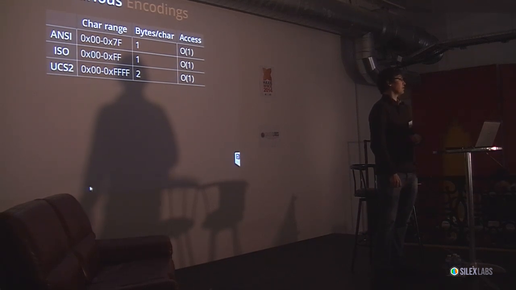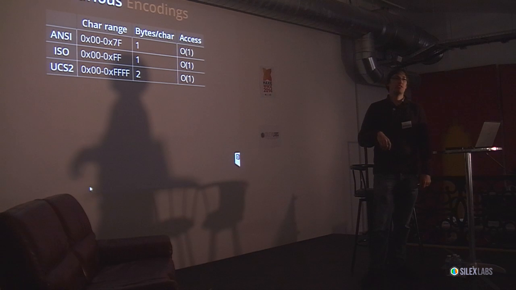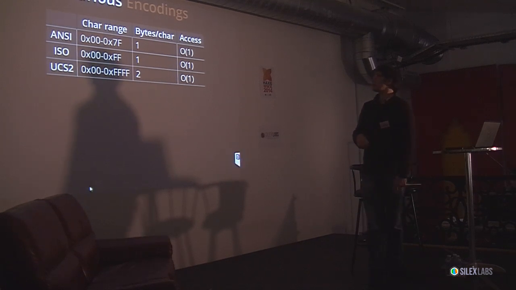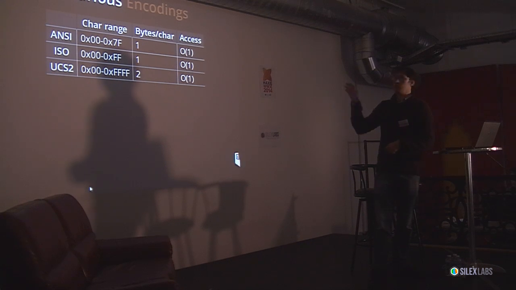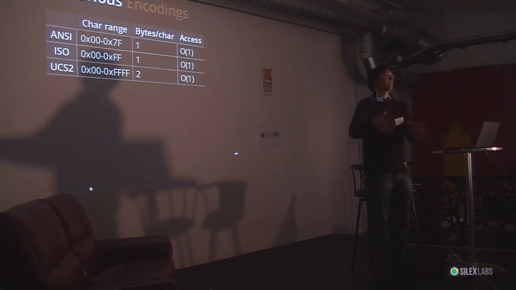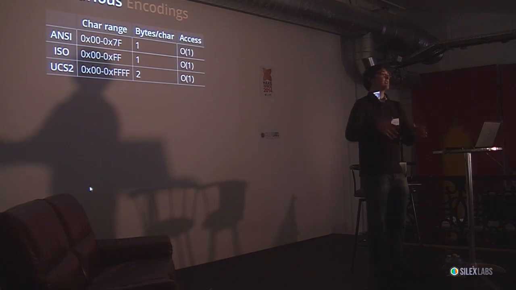UCS2 has 2 bytes per character, which means that you can go from 0 to something like 65,535. So it's 2 bytes per character, which is quite easy because you just take 2 bytes.